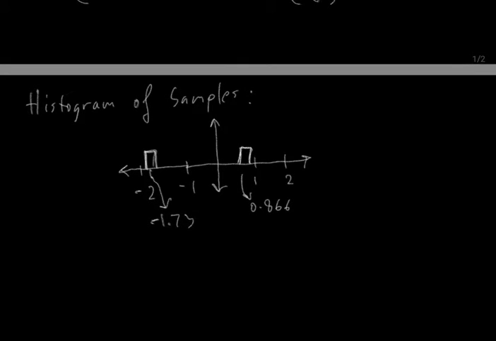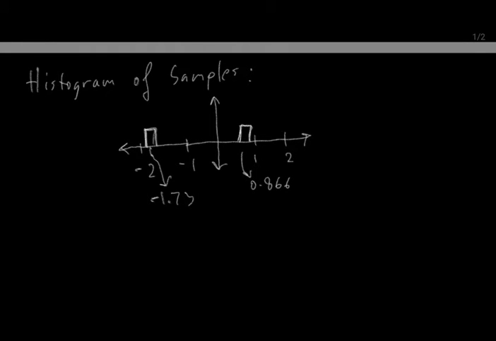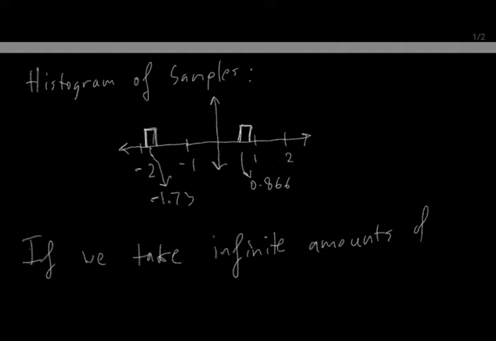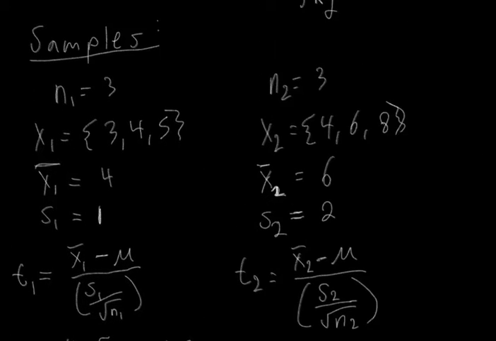If we repeated this procedure, and let's say we took infinite amounts of samples of size n is equal to 3, because notice in both of our samples we had n is equal to 3.